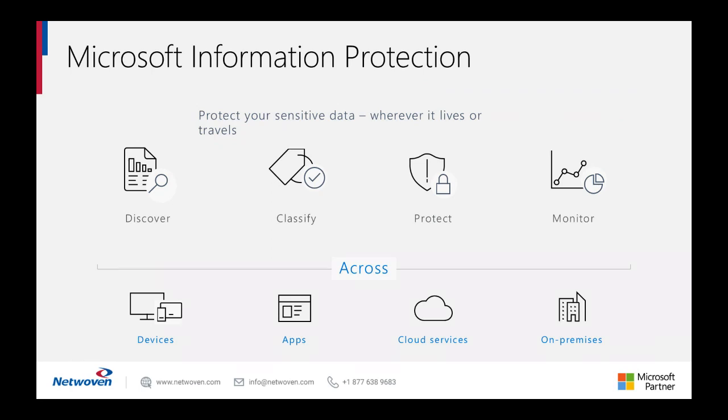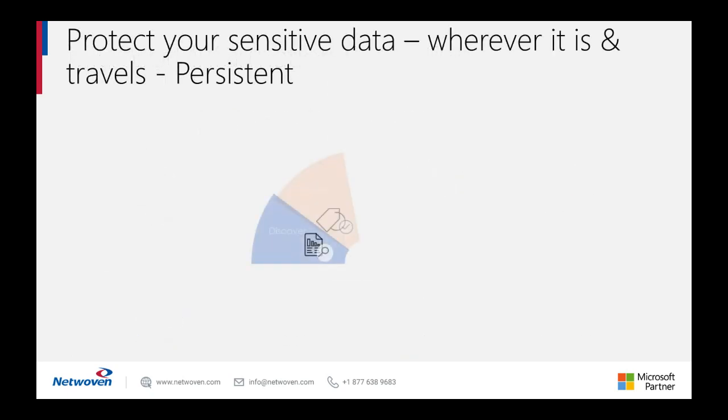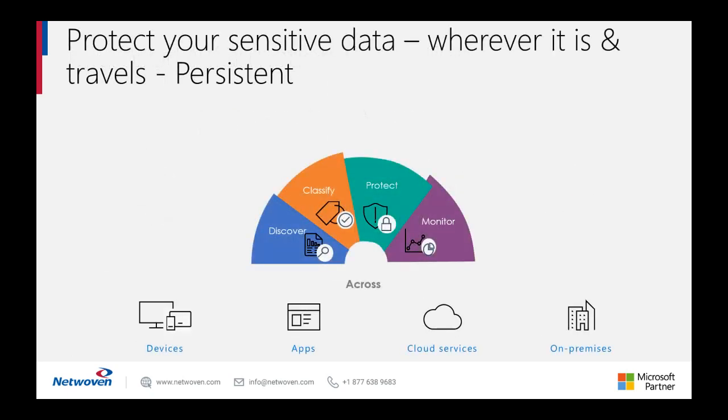And wherever you are, whatever device you're using, whatever application or line of business application you're using, it doesn't matter if it's on Azure or Google, for example, and also the old way when you're in an office building on premise. So next, I just wanted to highlight this because persistency is the key here.